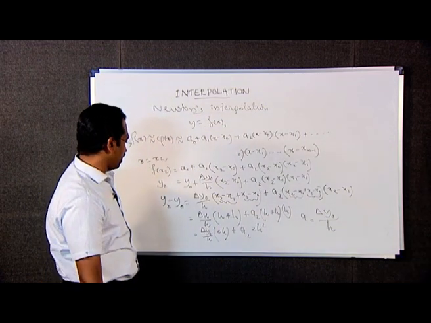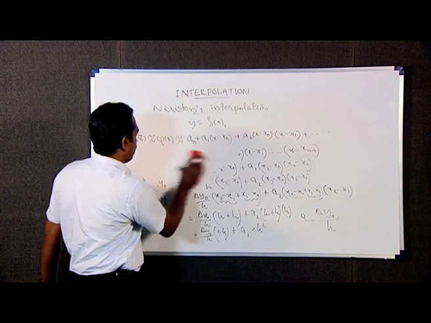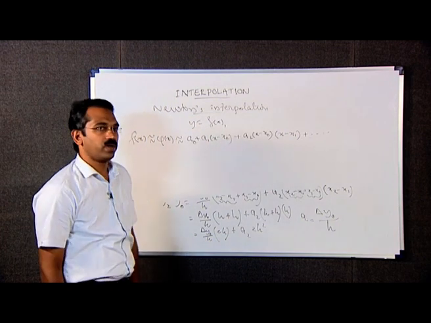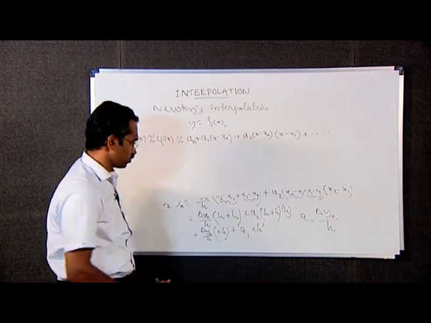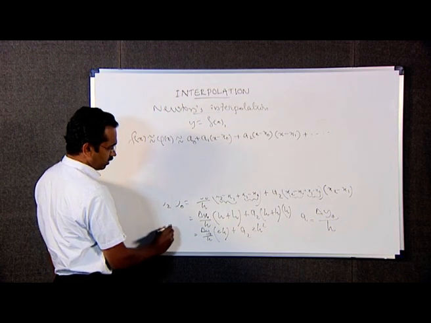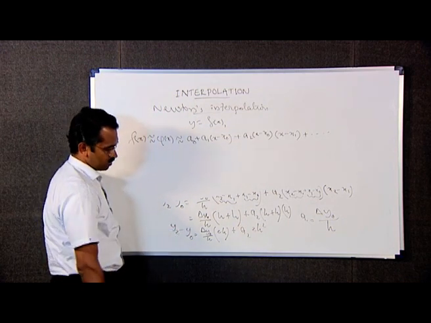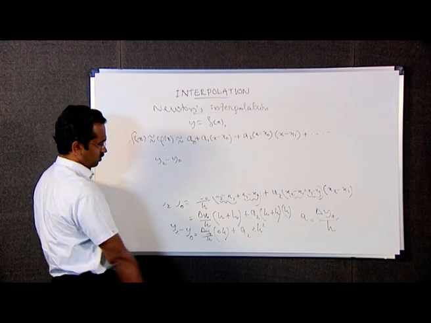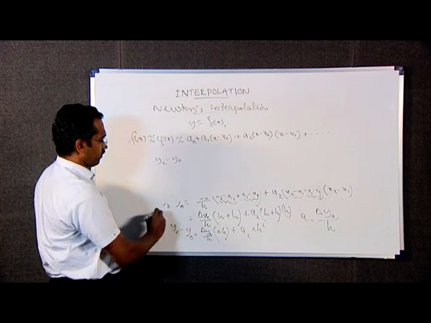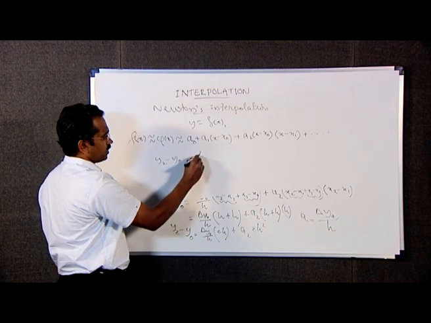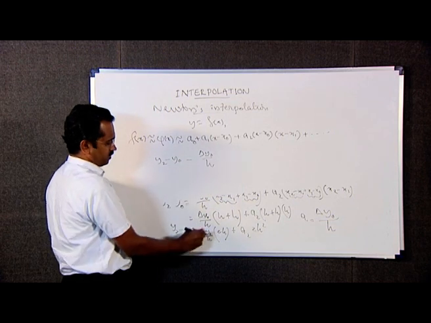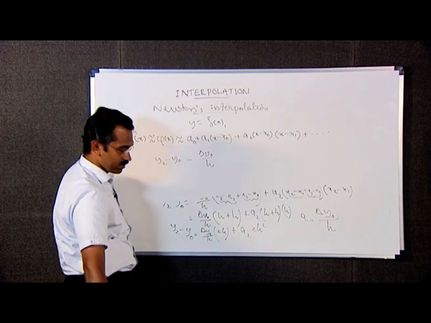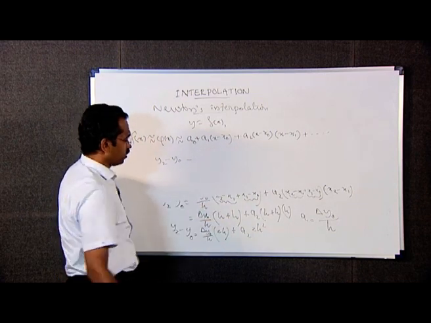From this we can write a2 as follows. Here y2 minus y naught minus delta y naught divided by h into 2h, where h cancels, that is 2 delta y naught.